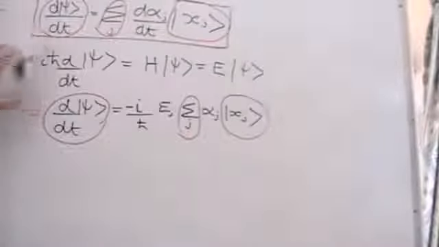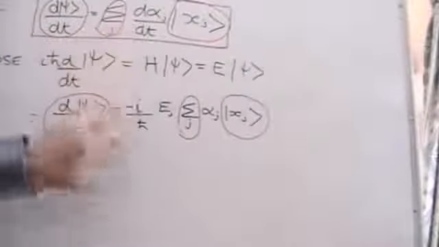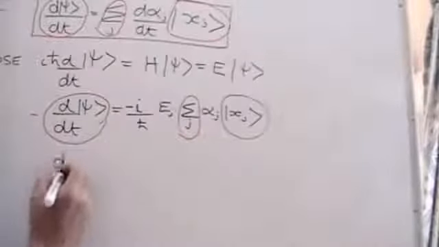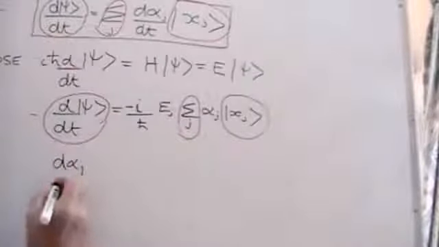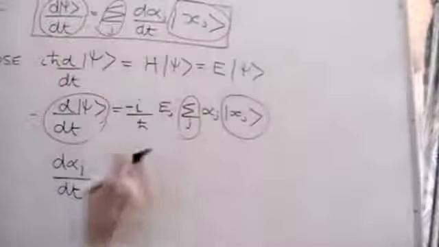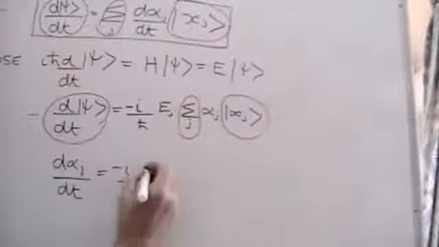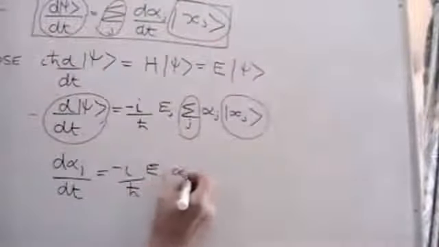So now we can do what we were leading up to, which is to say that what is left in these two equations must be equal, so that d alpha j by dt, which is this term here, must equal what's left in this equation, which is minus i over h bar ej alpha j.